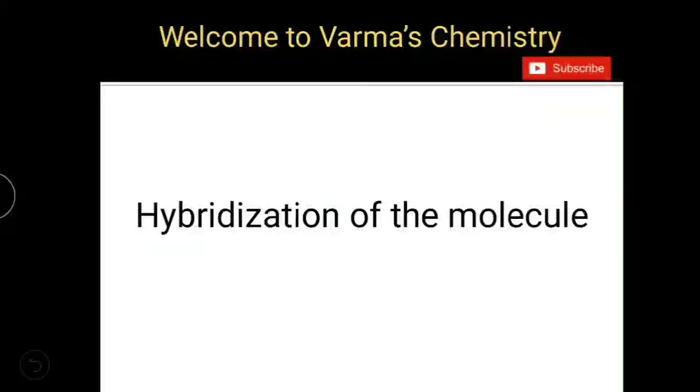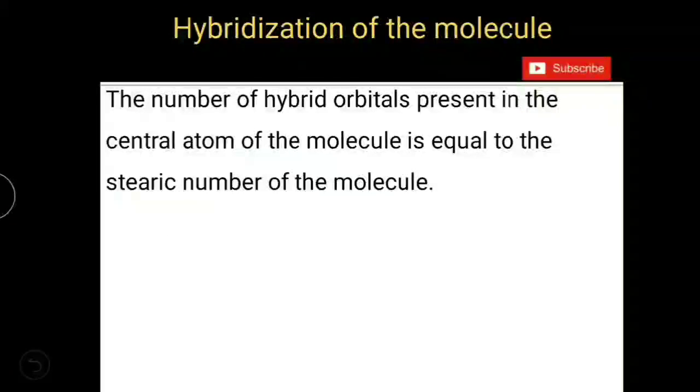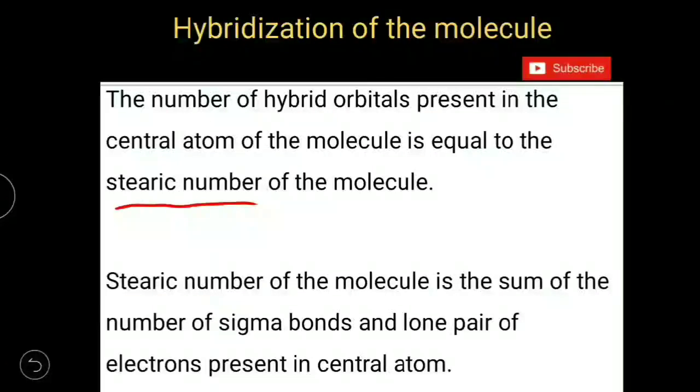In this video, we will learn how to find out hybridization of the molecule. The number of hybrid orbitals present in the central atom of the molecule is equal to the steric number of the molecule. What is this steric number? It is the sum of the number of sigma bonds and lone pair of electrons present in central atom of the molecule.